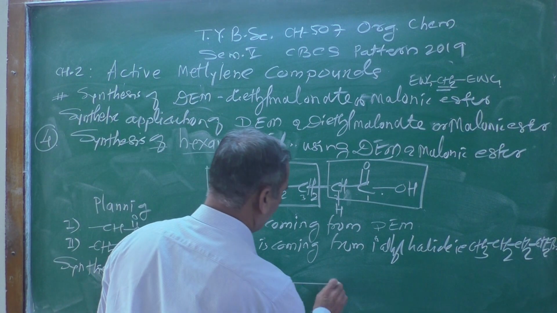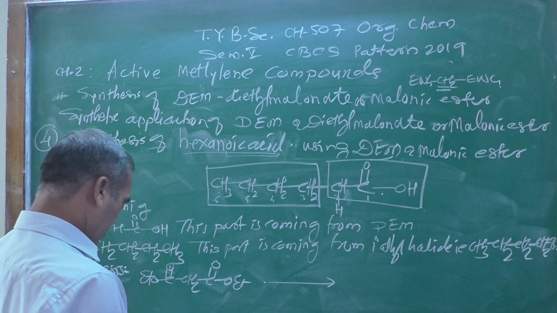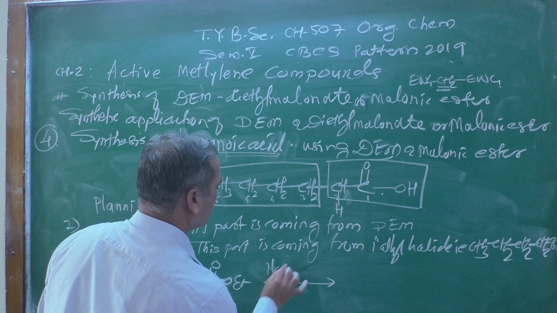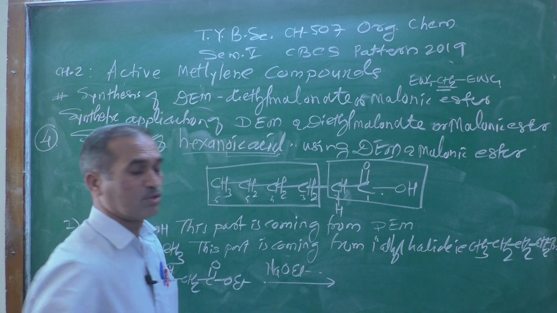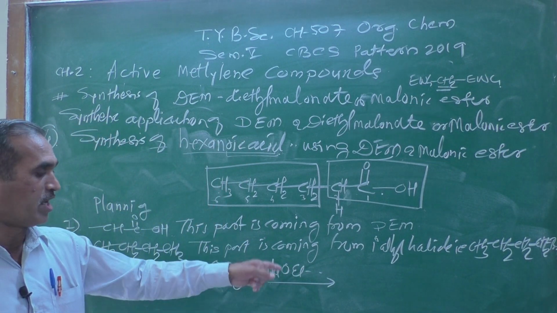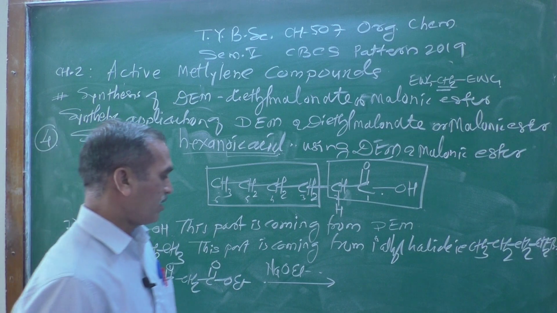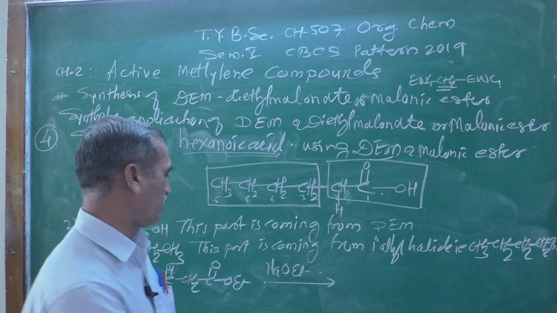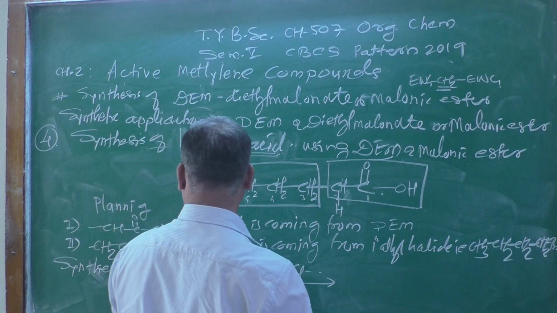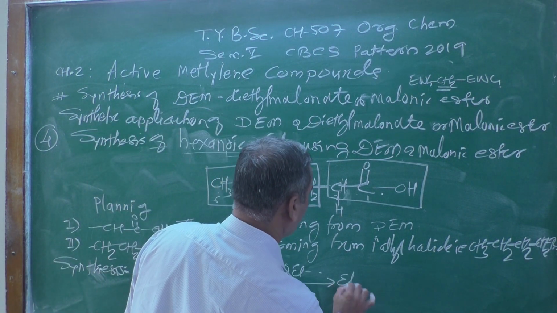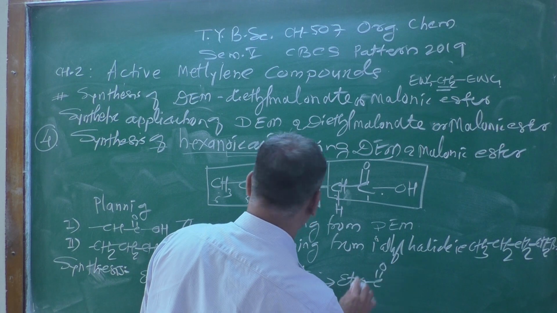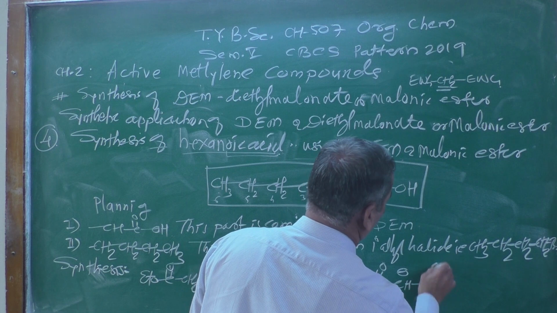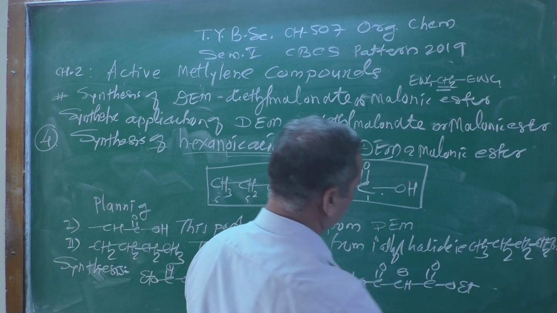The first step is as usual. You treat this compound with the reagent NaOEt, sodium ethoxide, and sodium ethoxide is a base, it is a base catalyzed reaction. This base can abstract this acidic proton, giving EtO, then C double bond O, then CH minus, C double bond O, OEt.